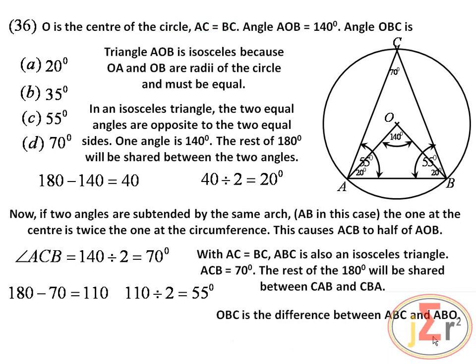OBC is the difference between ABC and ABO. So the one that we need right here is the difference between ABC and ABO, because we need this little one. So we subtract: 55 minus 20 is equal to 35 degrees. The correct answer is option B.